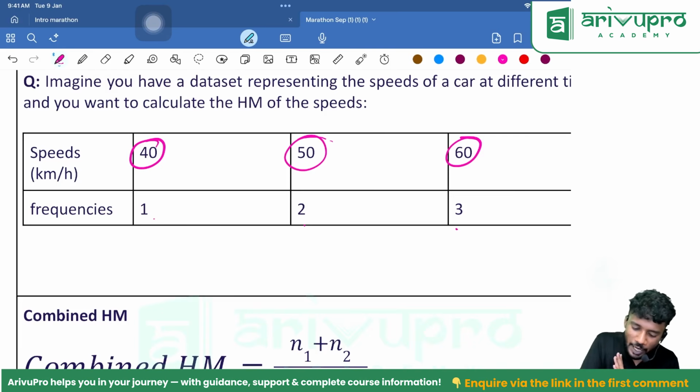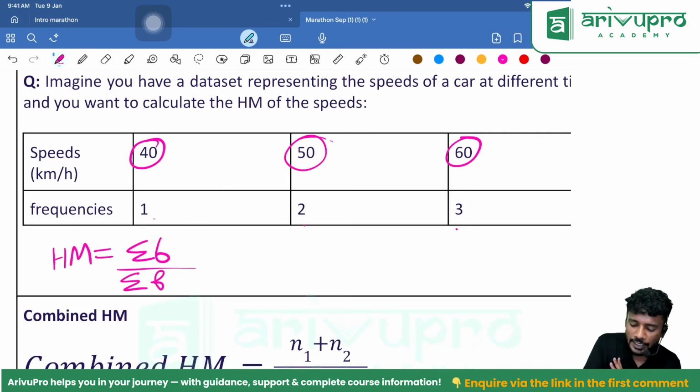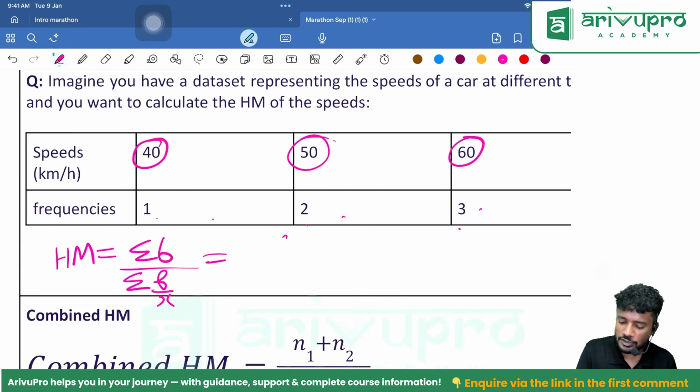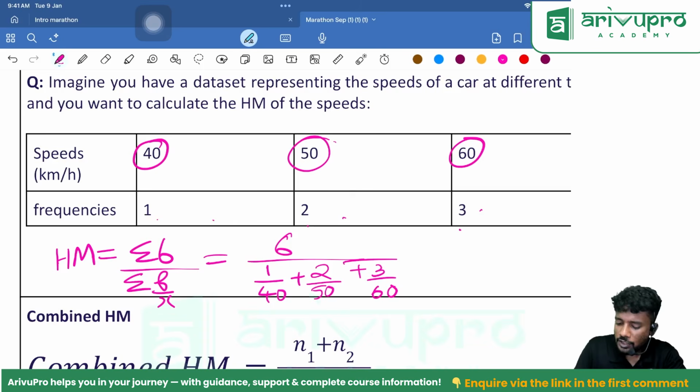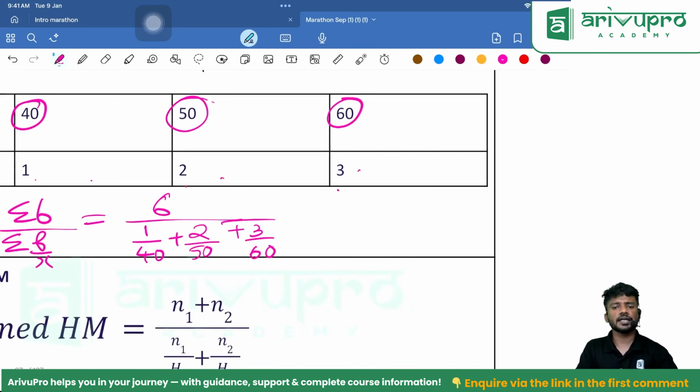Now, the formula is sigma f divided by sigma f by x. Sigma f, what is the total frequency? 1 plus 2 plus 3 is how much? 6. 6 divided by sigma f by x, that is 1 by 40 plus 2 by 50 plus 3 by 60. How will you calculate this entire thing?